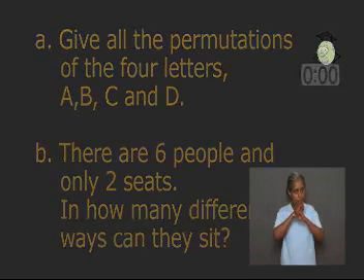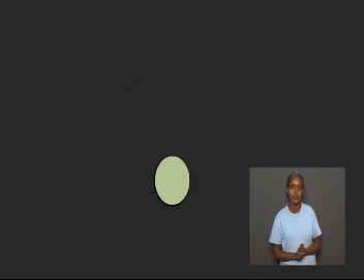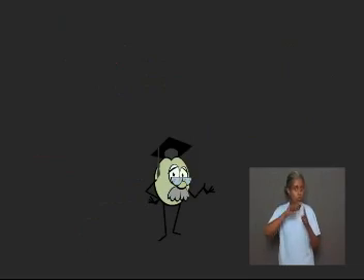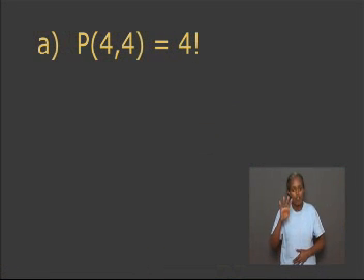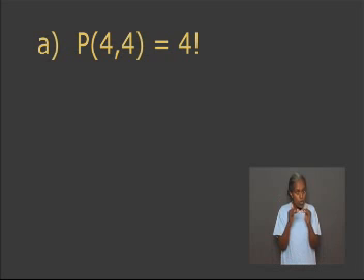Time's up. Let's get back to our lesson. Welcome back, students. Here is how I found the answers. The permutation of 4 different objects in every different way equals the 4 factorial.